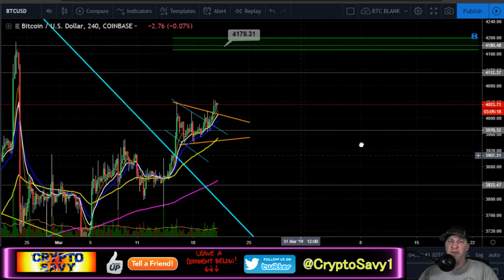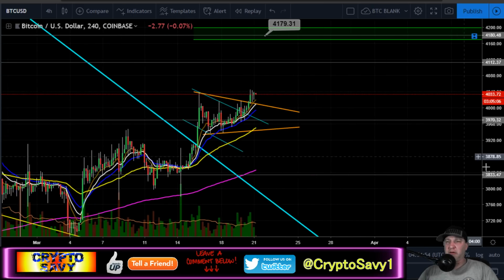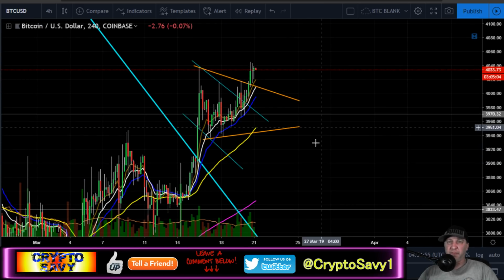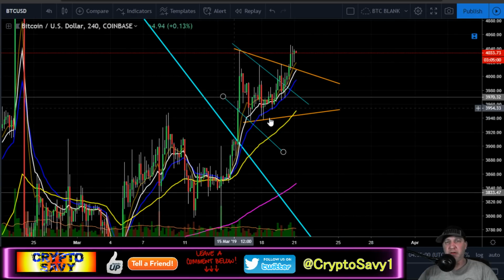Now I had this drawn as a bull flag with these two lines coming down. And then I'll show you how I get these, guys. So if you're doing your own charting, you can look. But I drew this line looking at this bull flag first.